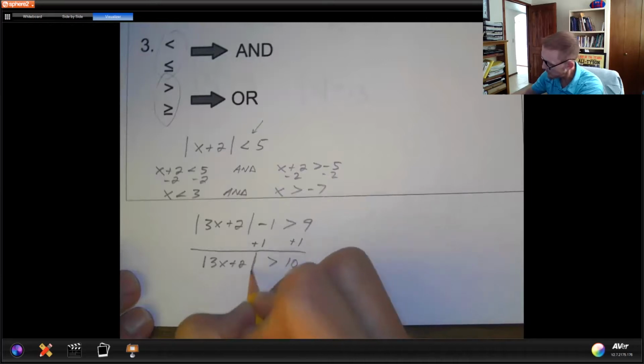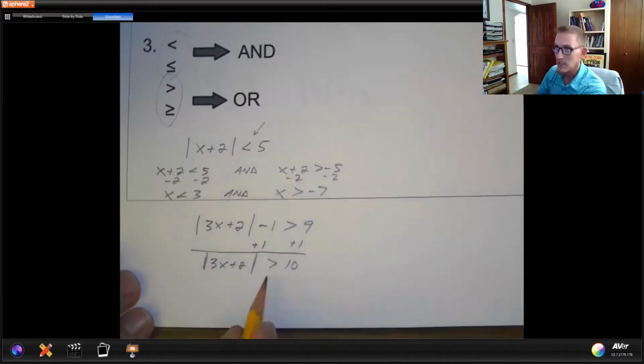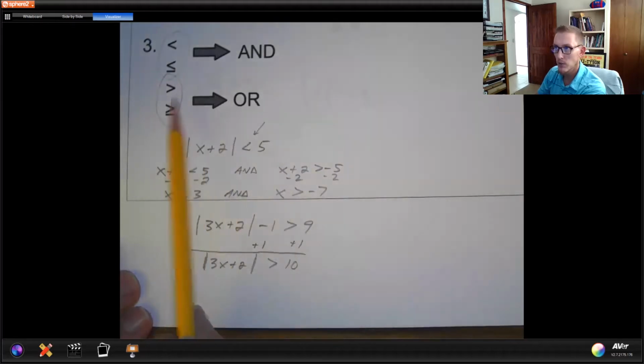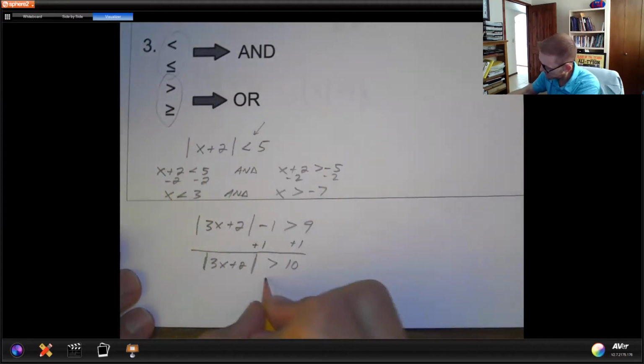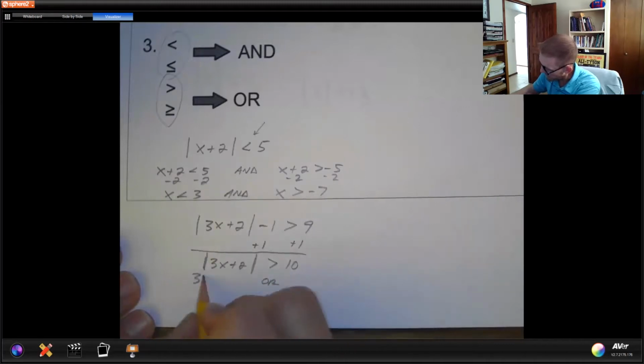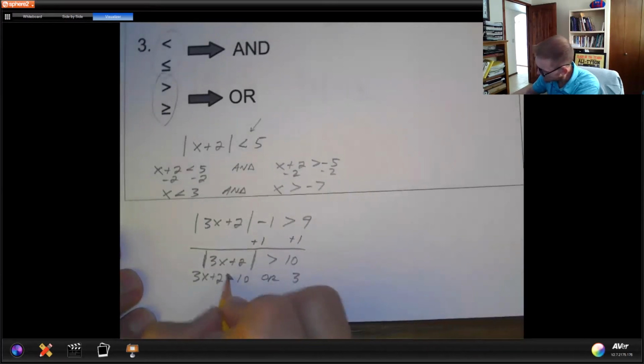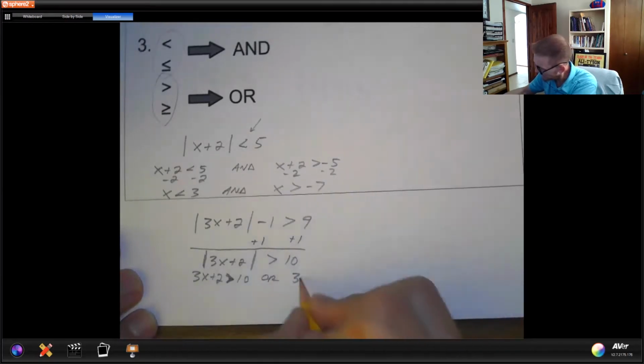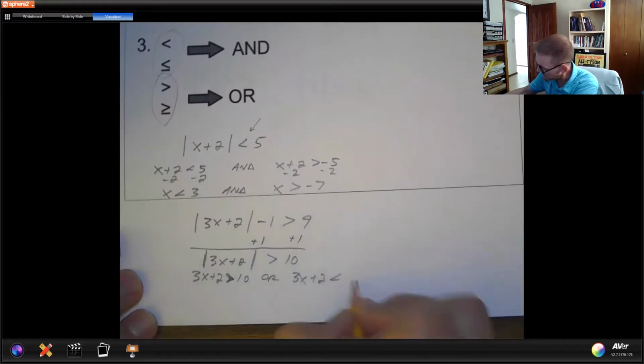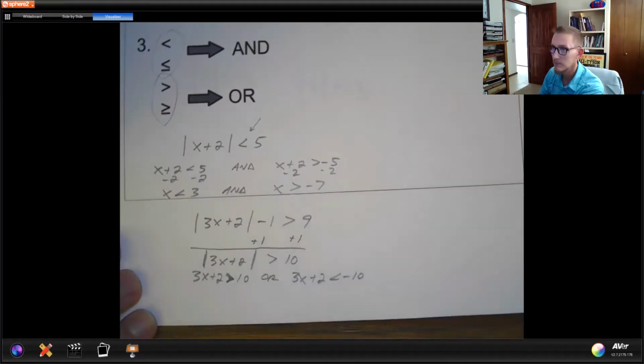Let's make those absolute value bars a little bigger. Is this an AND or is it an OR? You got it, it's an OR. So 3x plus 2 is greater than 10, or 3x plus 2 is less than -10.